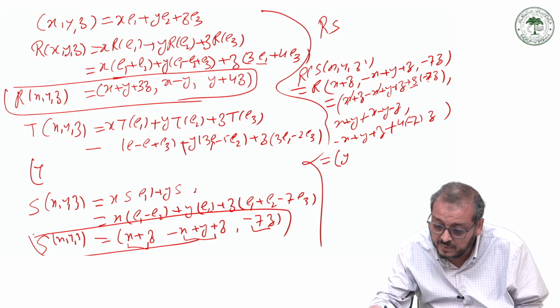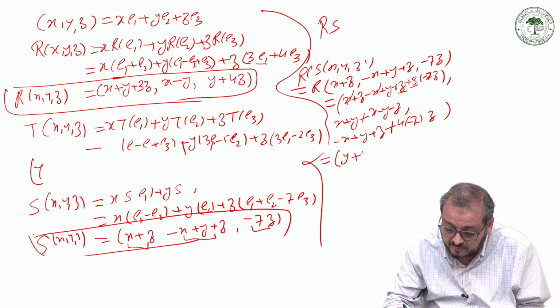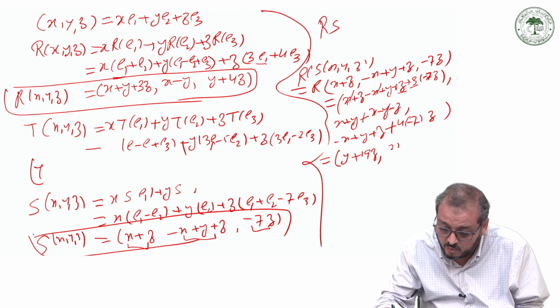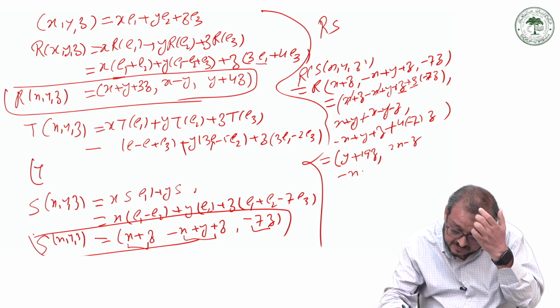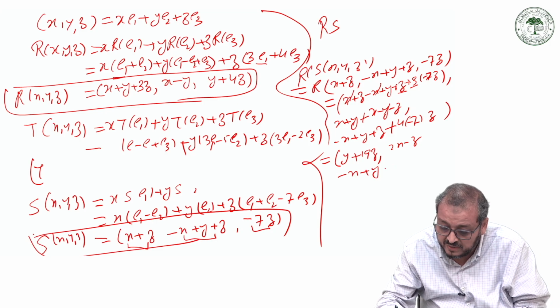This is equal to z, and this is 2z. So this is plus 19z, and then y cancels out here. Then you have 2x minus z, and then here you have minus x, plus y, and then you have z and 28, and this is minus 27z.